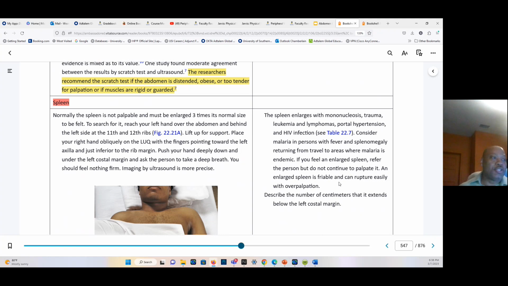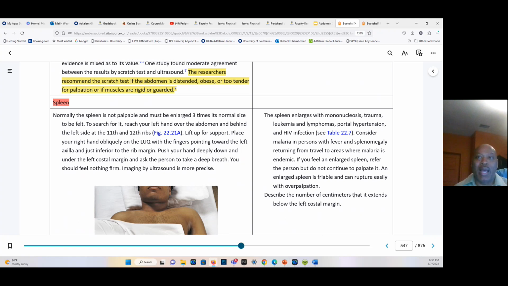Now, if you feel an enlarged spleen, we want to refer the patient for further, more sophisticated tools to assess these patients, because we don't want to continue to palpate an enlarged spleen. An enlarged spleen is typically friable and can rupture very easily, and it's very vascular, by the way, so your patients can actually bleed to death.